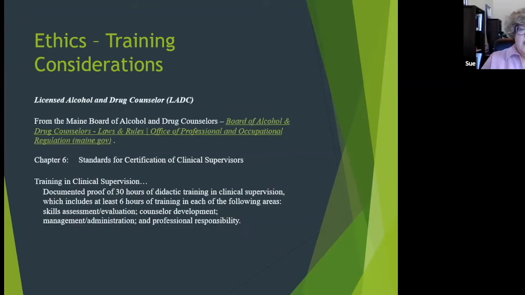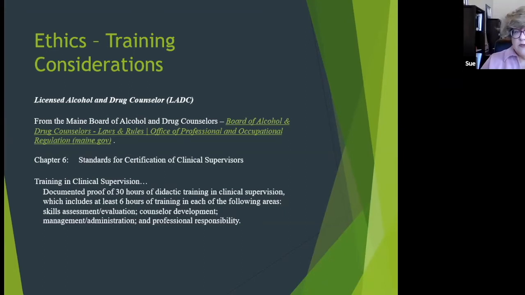I want to mention the LADC, the Licensed Alcohol and Drug Counseling requirements, because they do lay out requirements. If you want to go for your LADC, your Licensed Alcohol and Drug Counselor certification, their requirements are very specific. And it's similar to the approved clinical supervisor, the ACS, in that you have either a class in clinical supervision or 30 hours of training in it.